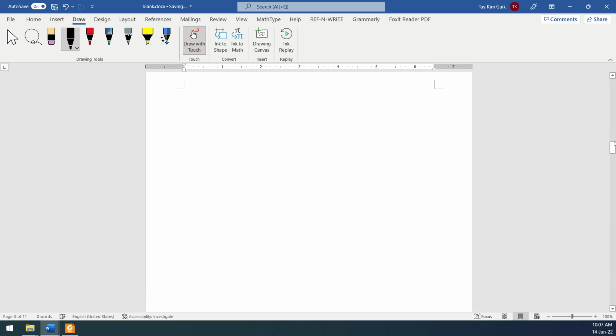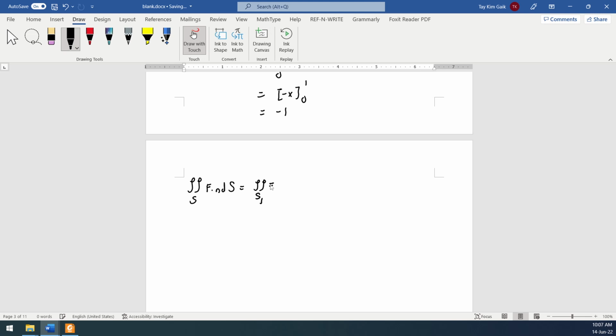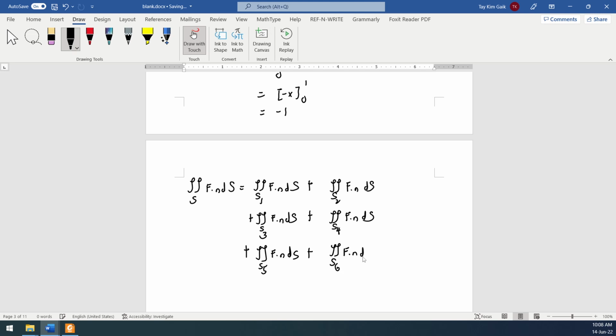Now add up all the answers. Means the flux integral on S, F dot n dS. So you add up S1 F dot n dS, S2 F dot n dS, plus S3 F dot n dS plus S4 F dot n dS, plus S5 F dot n dS plus S6 F dot n dS.